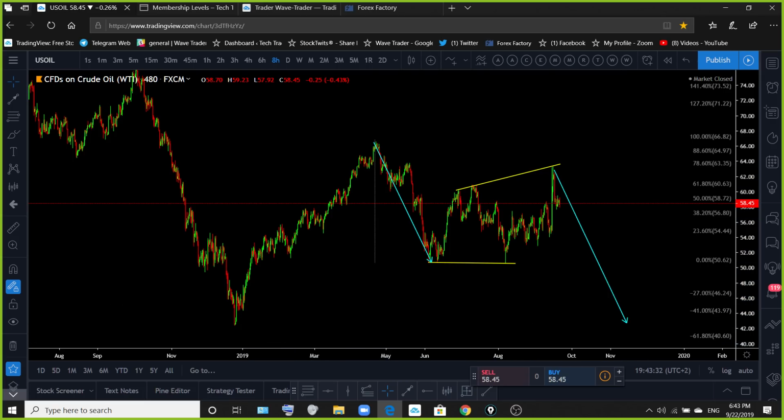So this correction gets deeper, bigger, and then breaks down, and tests that bottom or keeps pushing lower all the way back to that bottom. If it doesn't form that correction and goes back up to that top, then look for it to drop.